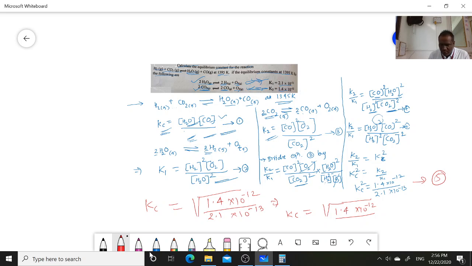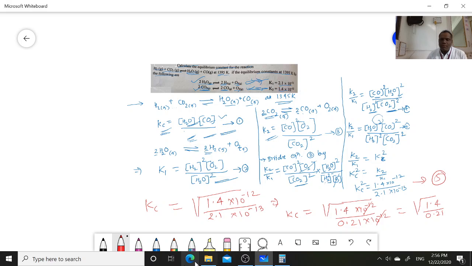So 0.21 into 10 raised to minus 12, I have shifted the decimal point. This minus 12 and this minus 12 will get cancelled. Therefore Kc is equal to the square root of 1.4 divided by 0.21.